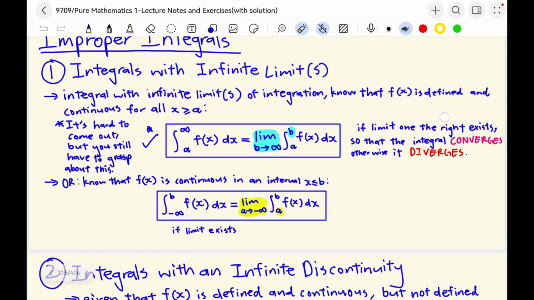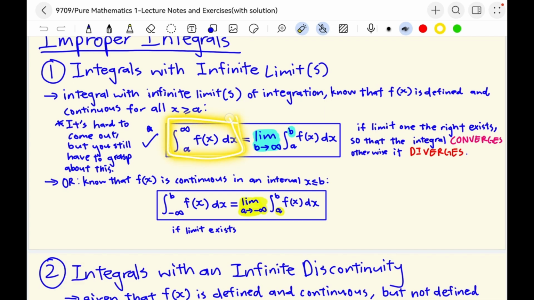Alright? So, if you are dealing with the integration of f(x) from a to infinity, it's impossible for us to integrate it directly. Instead, what we can do is introduce a limit, where the infinity is replaced by a variable, say b, to make it the limit as b goes to infinity of the integral of f(x) from a to b.